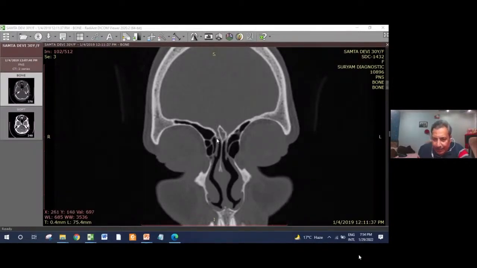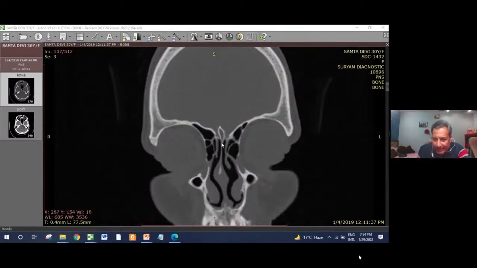This is the cribriform plate, and see this continuation of the nasal septum above in the intracranial segment, known as crista galli. This cribriform plate forms the floor of the olfactory fossa, and see the difference. The roof of the anterior ethmoid is much higher than the floor of the olfactory fossa.